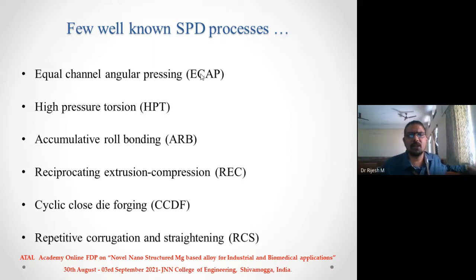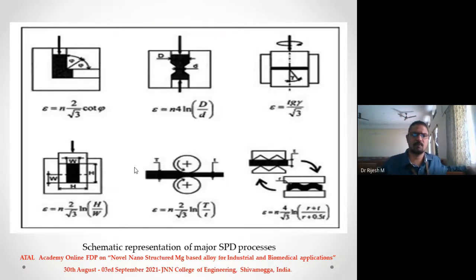They are equal channel angular pressing, high pressure torsion, accumulative roll bonding, reciprocating extrusion compression, cyclic closed die forging, repetitive corrugation and straightening. They're all popular SPD processes. This is the schematic diagram.